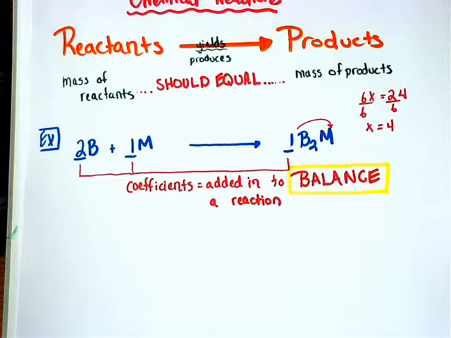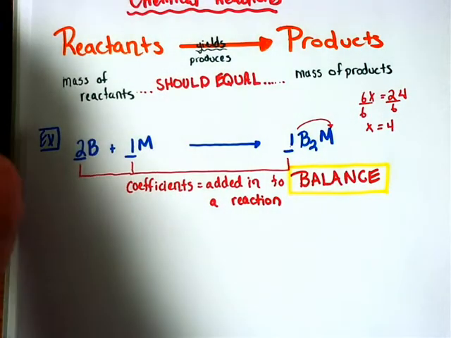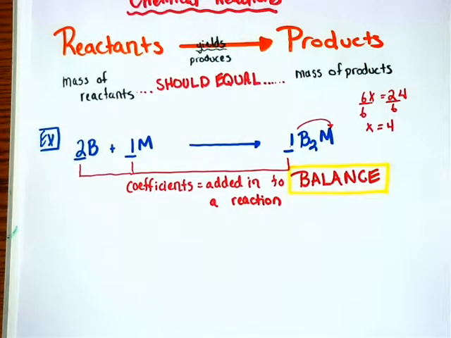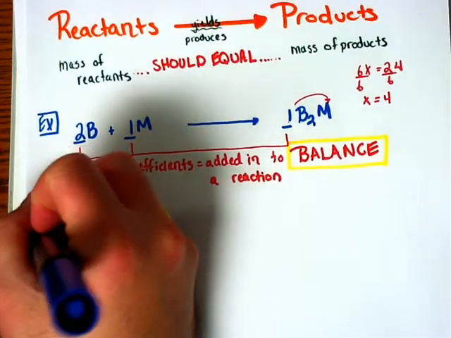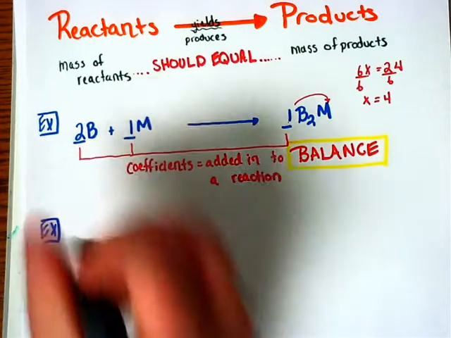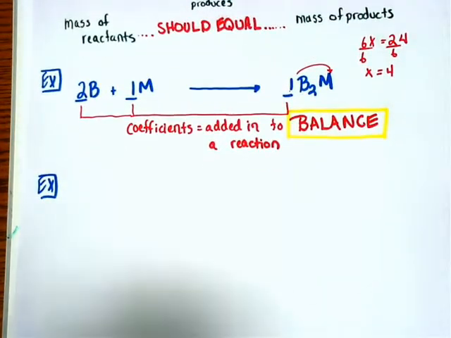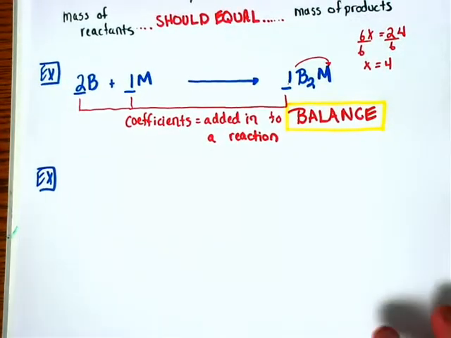So let's talk about maybe making a real chemical, maybe doing something in real chemistry. So let me give you an example real quick. A pretty straightforward example. This right here is the synthesis of water, H2O, dihydrogen monoxide.